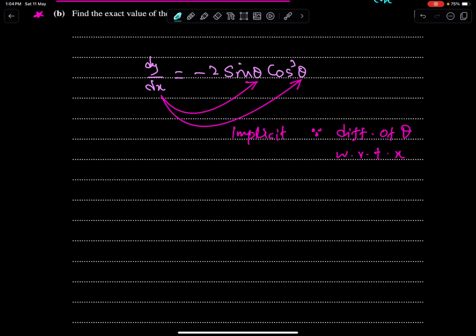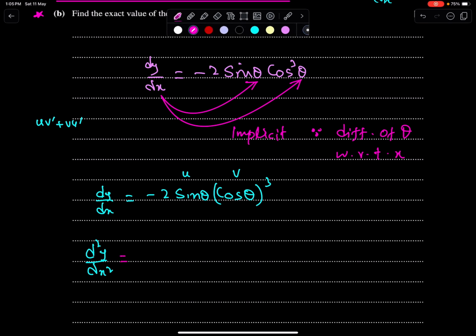So let me first copy dy upon dx: minus 2 sine theta over cos theta whole cube. Now this is u over v. So d2y over dx2, the uv rule is u v prime plus v u prime. I'm taking minus 2 common to make the differentiation simple.